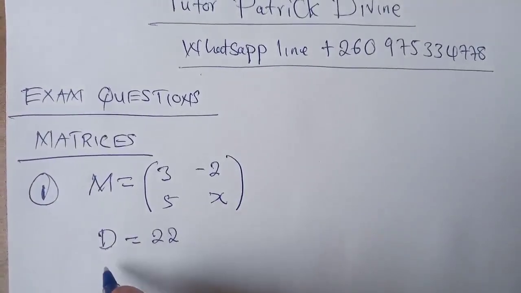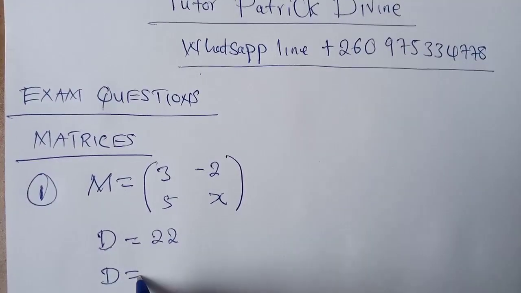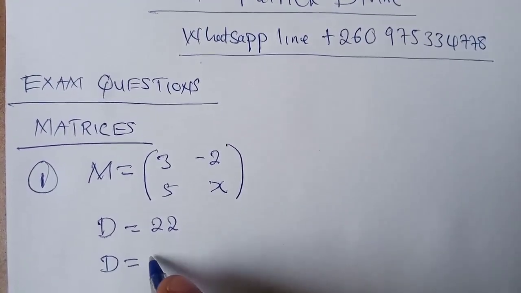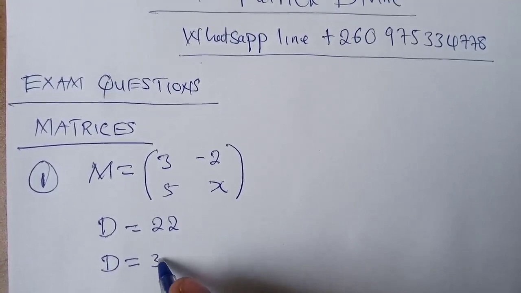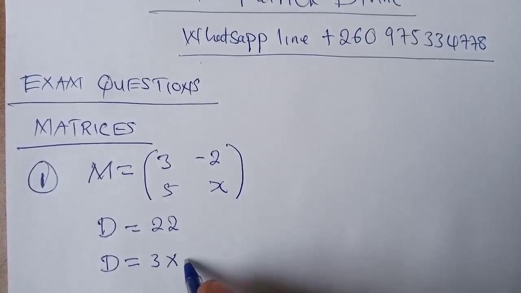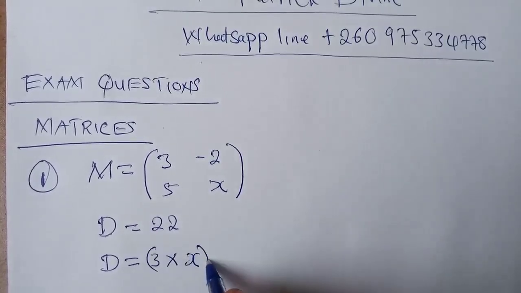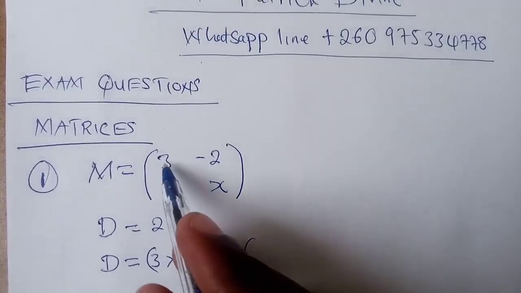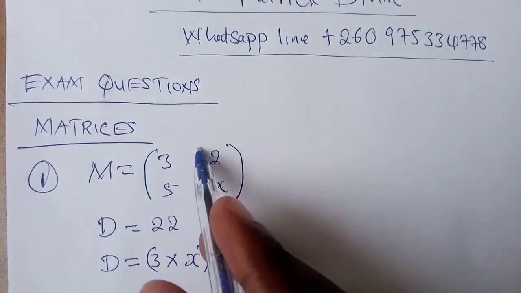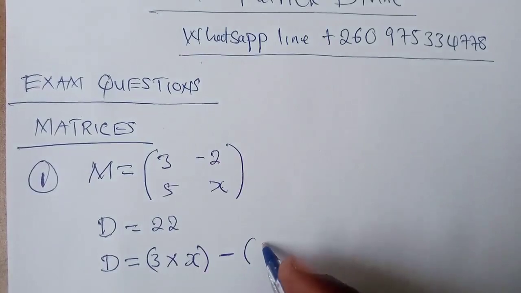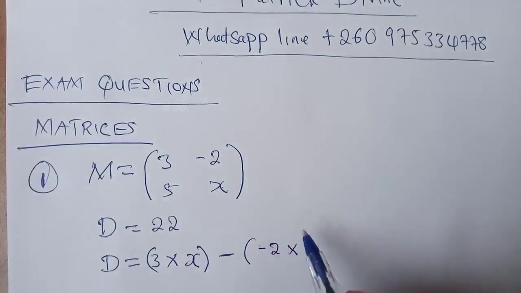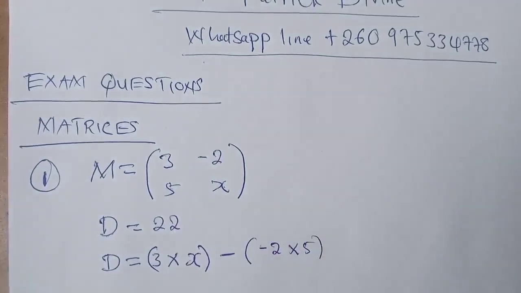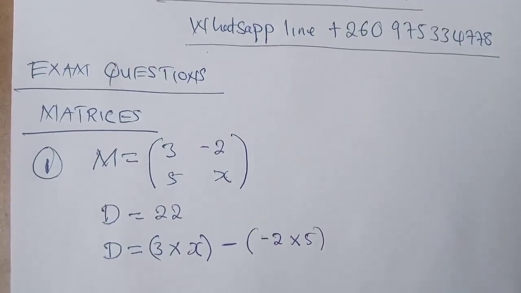So the formula for the determinant: the determinant is equal to the product of the major diagonal, which is 3 times X, then minus the product of the minor diagonal, which is -2 times 5.